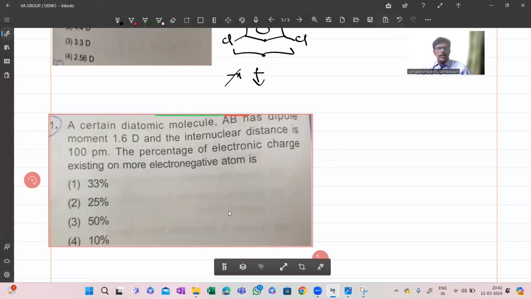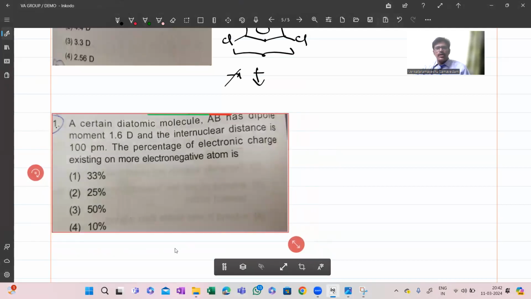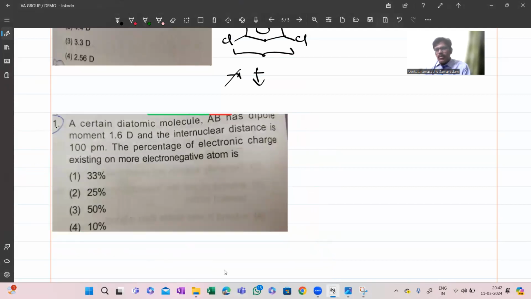How can we find out the percentage of ionic character in the given molecule? Let us take AB, a molecule they mentioned. There exists an observed dipole moment. They mentioned the observed dipole moment is 1.6 D, that is 1.6 into 10 to the power of minus 18 electrostatic units centimeters.